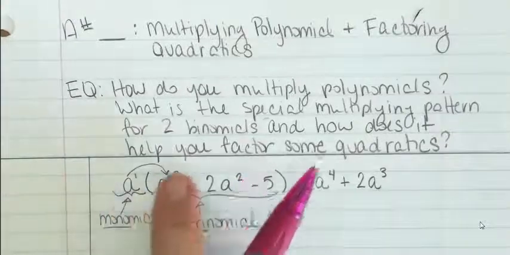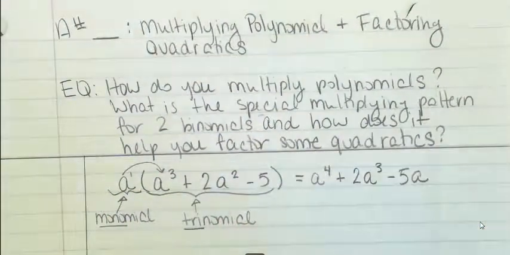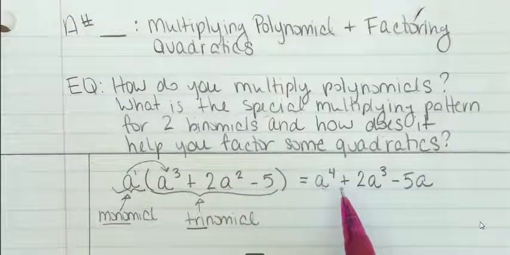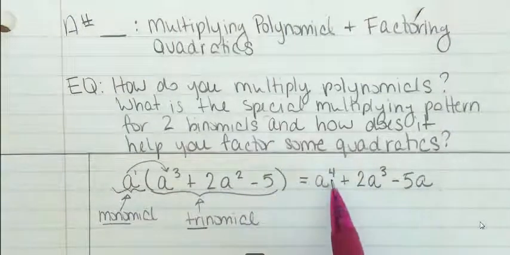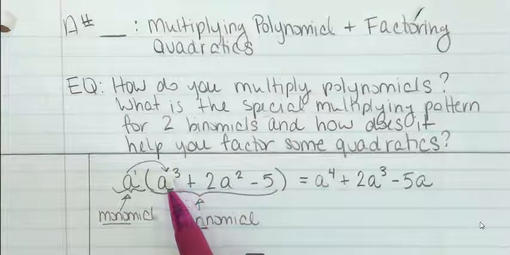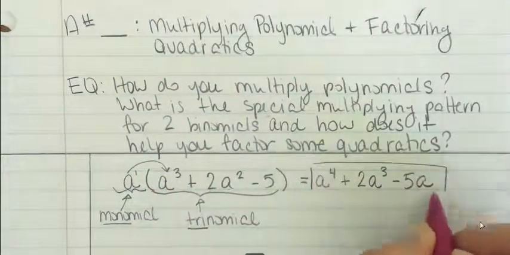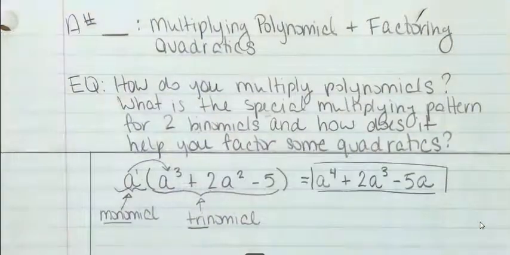And then multiplying the a times the negative 5 gives me negative 5a. And once again, I'm left with a trinomial. This trinomial happens to be one power higher than the trinomial that I started with because I multiplied by a to the first power. Okay, so that's just regular distributing.